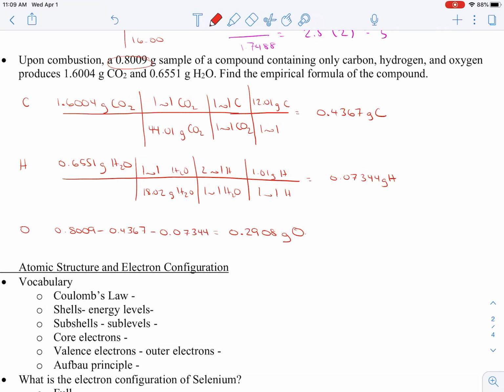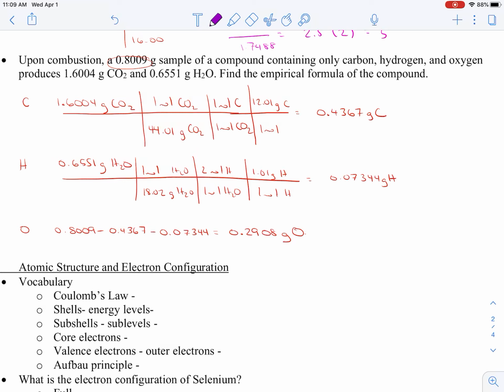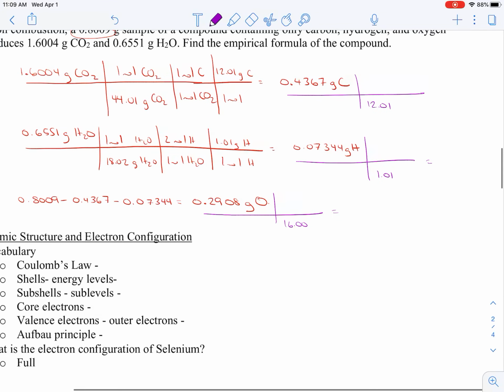Now we just treat this like an empirical formula problem. Divide by 12.01. Divide by 1.01. Divide by 16. This will give us moles. We're running out of room, but hopefully we'll be okay. So, this bottom one, we got 0.018, 0.17.